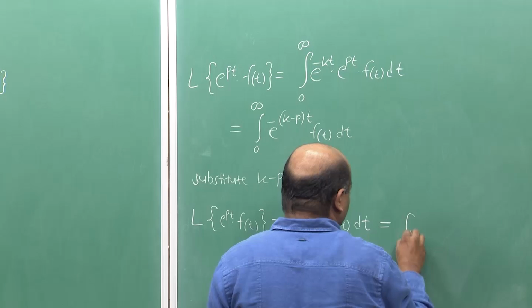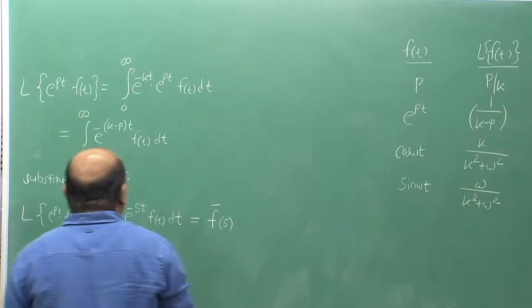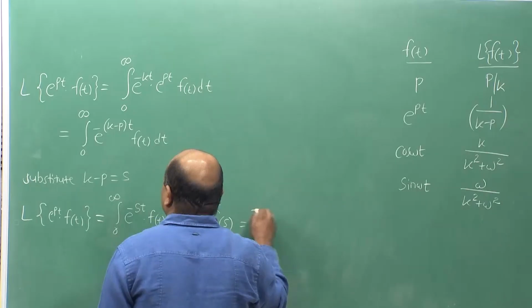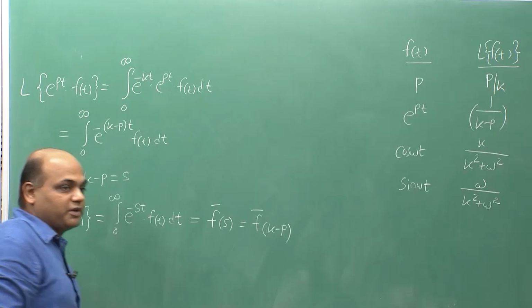So, this would be f bar of s, and s is nothing but k minus p. This is f bar of k minus p.